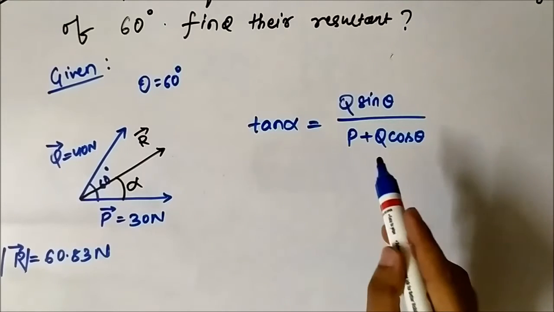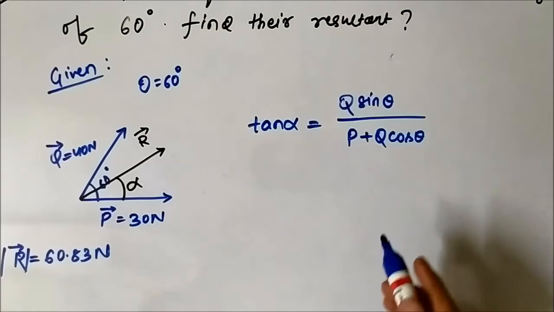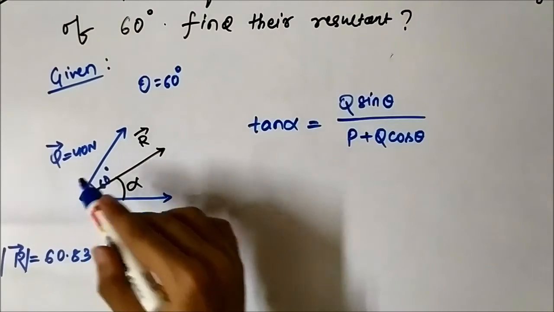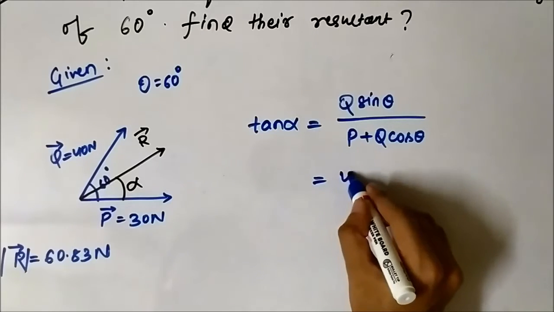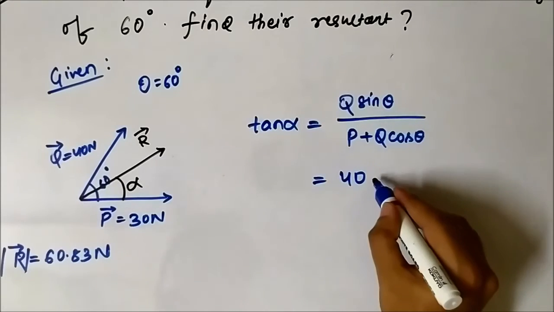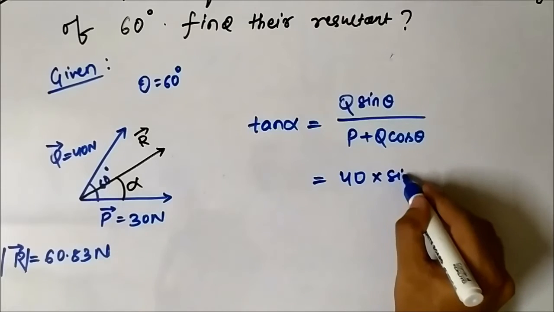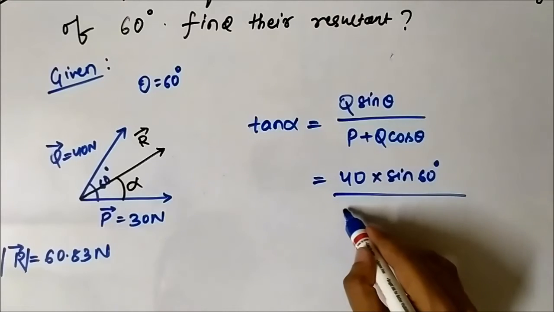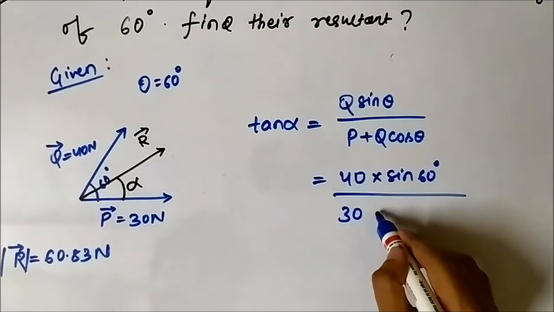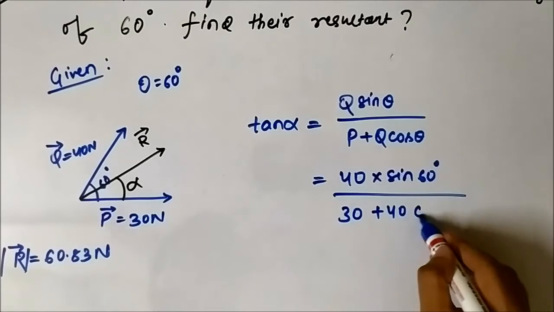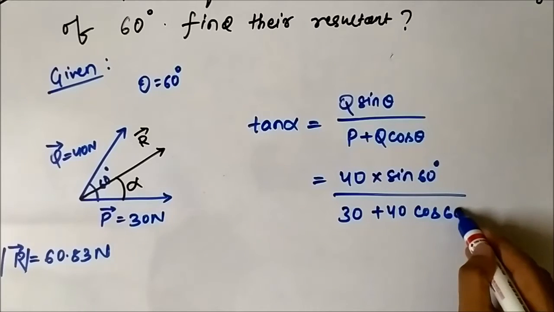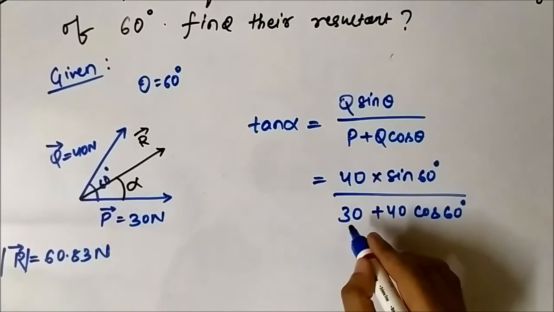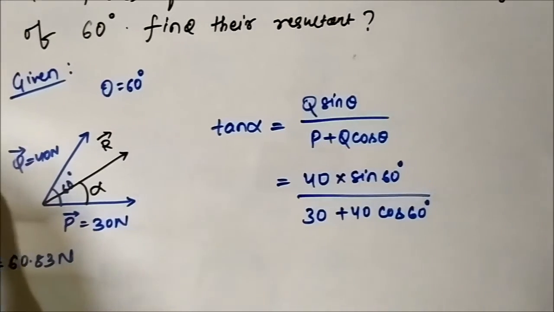So tan alpha is q sin theta by p plus q cos theta. Q is equal to 40. So 40 sin 60 degrees by P, which is 30, plus Q, 40, cos 60 degrees. Sin 60 degrees is root 3 by 2.